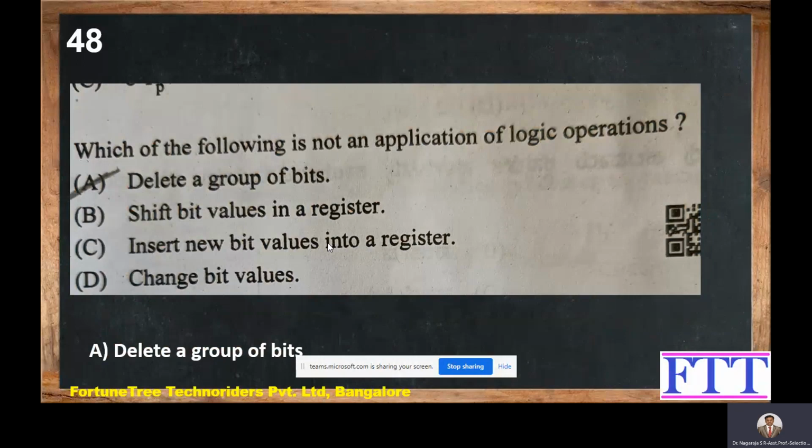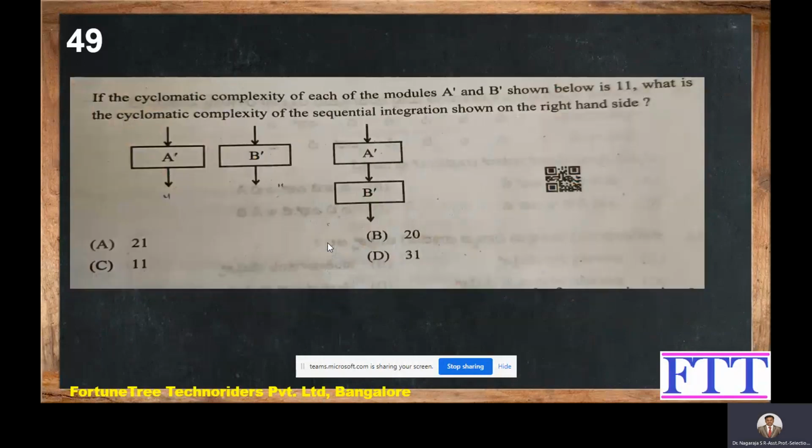49th question. If the cyclomatic complexity of each of the modules A and B shown below is 11, what is the cyclomatic complexity of the sequential integration shown on the right hand side of the diagram? Option A, 21, option B, 20, option C, 11, option D, 31.